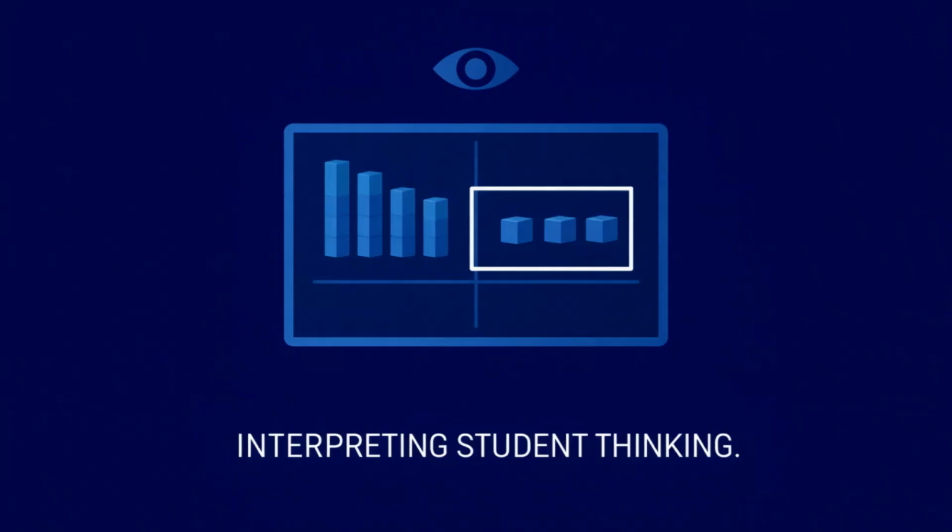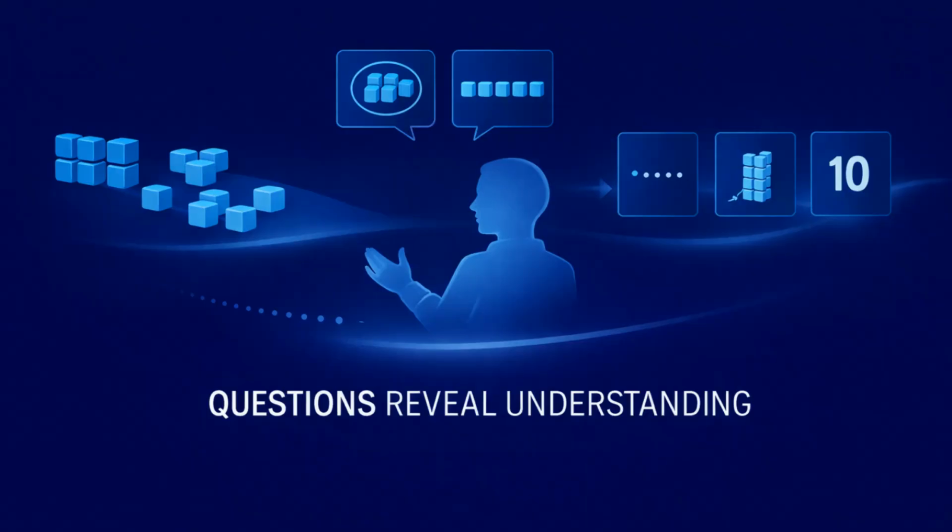For example, if a student represents 34 as 3 ones and 4 tens, that response tells us something specific about how the student is interpreting digits and units. Rather than correcting the student right away, a teacher might ask, "Can you show me where the 30 is in your model?" Or, "How many cubes are in one of your tens?" These questions help pinpoint whether the issue is counting, grouping, or place value language.